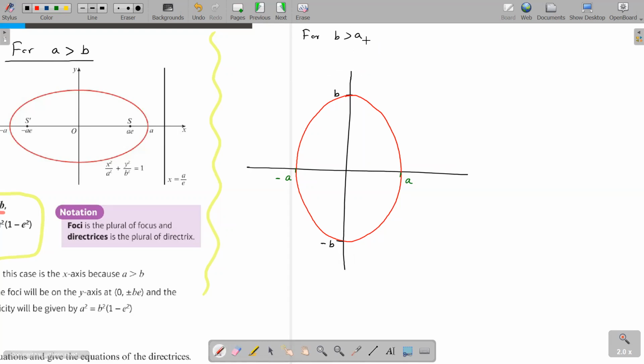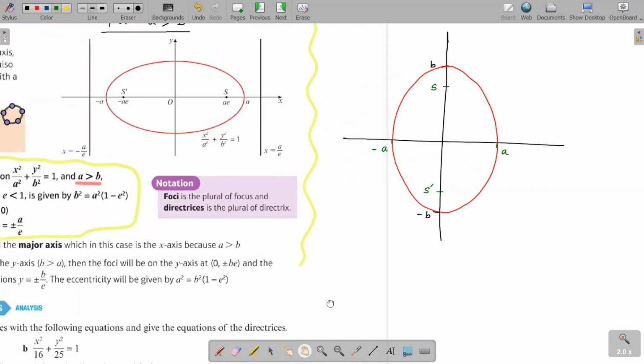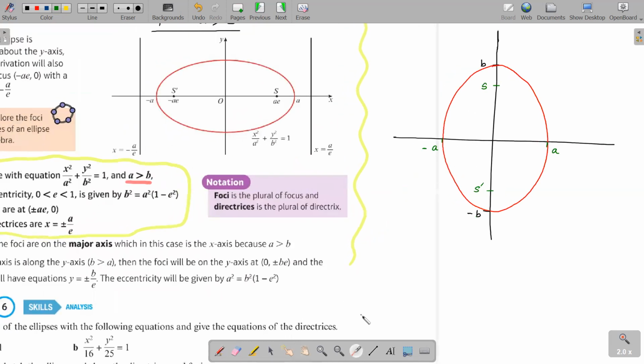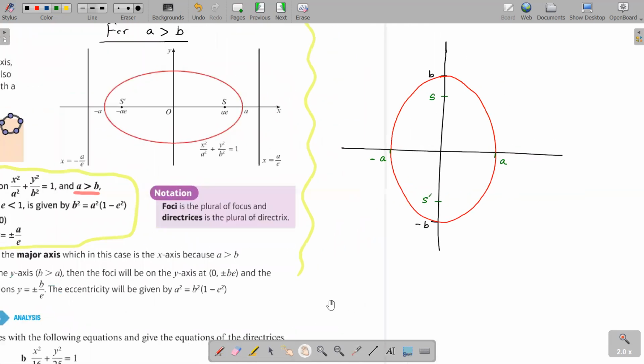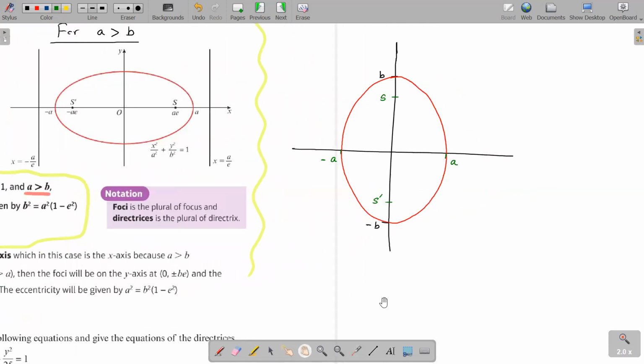But now, look, there are some differences, meaning your foci. Your foci will now be on which axis? Your foci will now be on the y-axis. So previously your foci was at plus or minus AE, right? It was AE. Do you see? So now when it's on the y-axis, your foci will be at what?